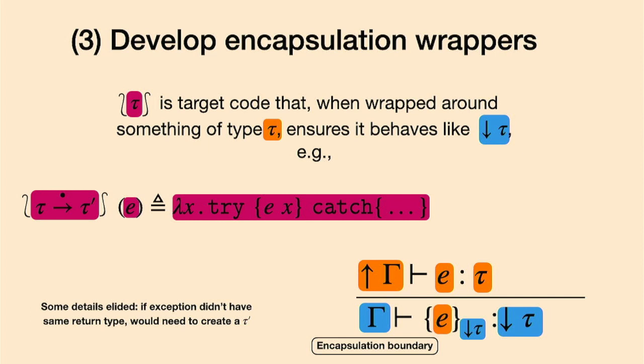And so in the case of exceptions, what I want is for every extended type a little bit of code that I'm writing with these little squiggles that when wrapped makes this behave like the lower type. It wraps it up, packages it up, and says this is now working like the encapsulated version.